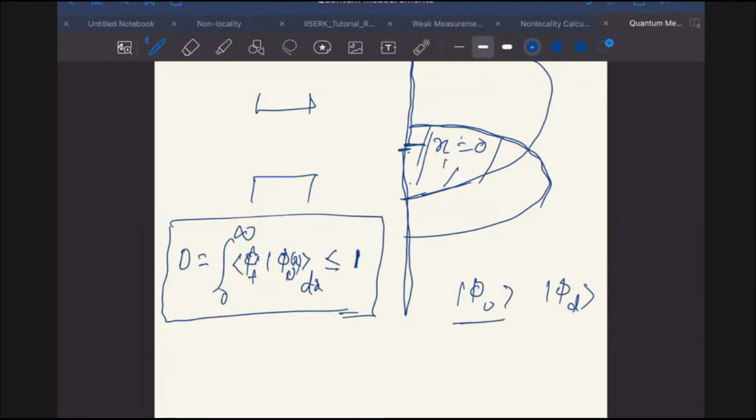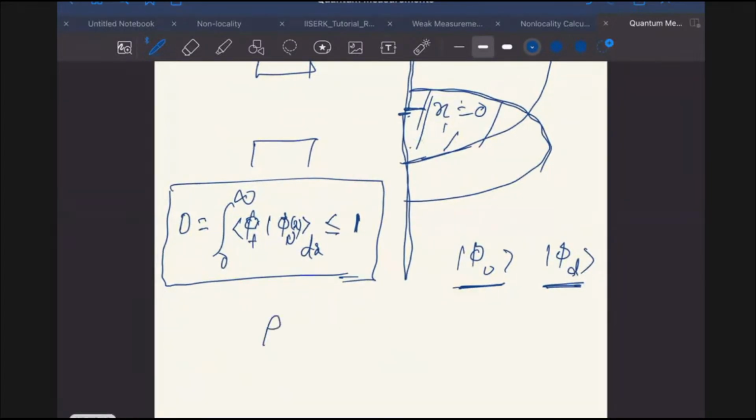So these detector states can be treated as an environment that is related to the system. If I now concentrate on these two systems, one is my spin system that is defined by rho s, and this environmental system is given by some rho environment. This is my whole system.